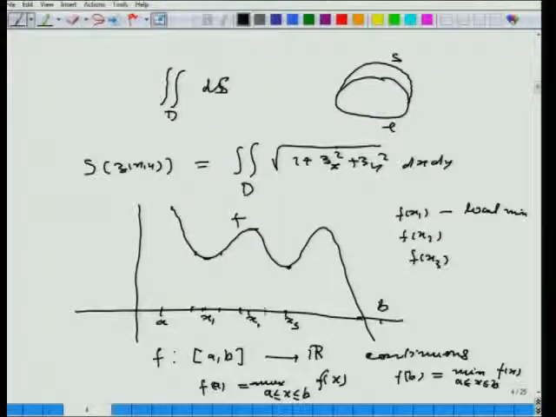Similarly, in the neighborhood of x2 it has the maximum value, so this is a local maximum. Similarly, f(x3) is also a local minimum, but we have f(a) as the global maximum and f(b) as the global minimum.